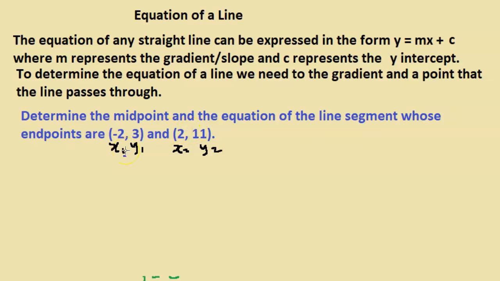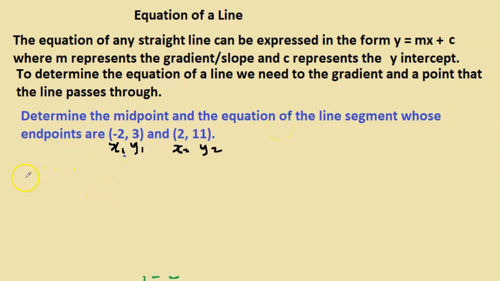As a matter of fact, we have 3 points it passes through, because it also passes through the midpoint. So we have the endpoints and we have a midpoint. So we have at least 3 points this line passes through. So what we need to know now is the gradient of this line. Let me just use the same 2 points and find the gradient of the line. And if you use the midpoint with either of these two, you will get the same gradient.